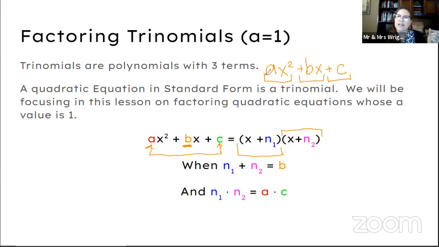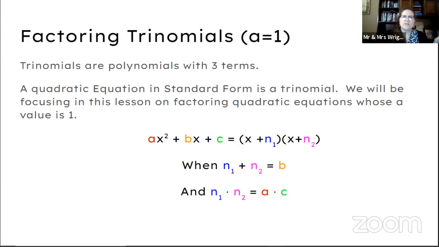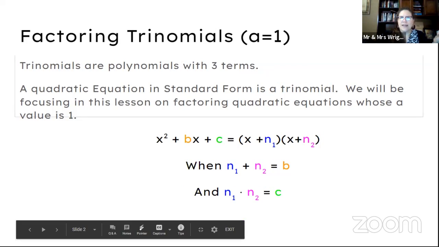Now let's think about this. How will this formula change if our a is 1? Well, 1 times x squared is simply going to be x squared, so it'll just disappear over there. And a times c is simply going to be c if a is 1. 1 times c is just c, so that's going to disappear as well. So let's look at what this looks like when we drop the a's.